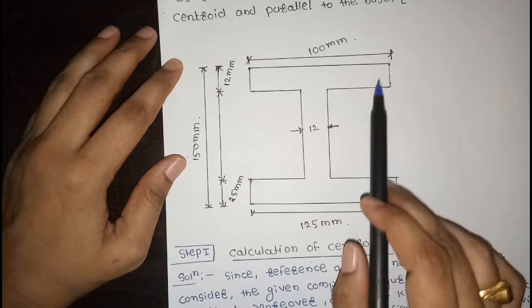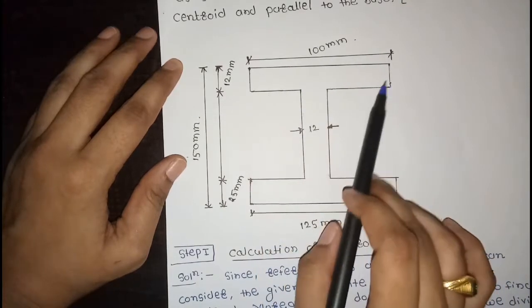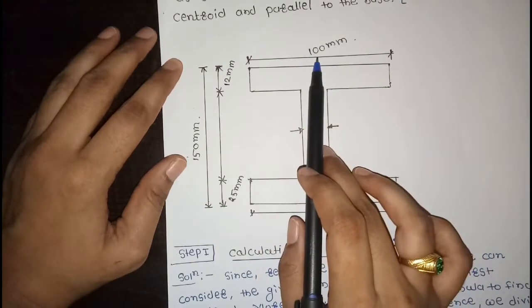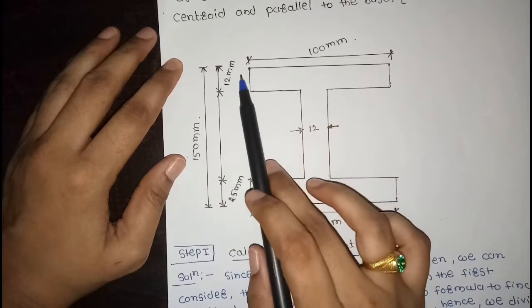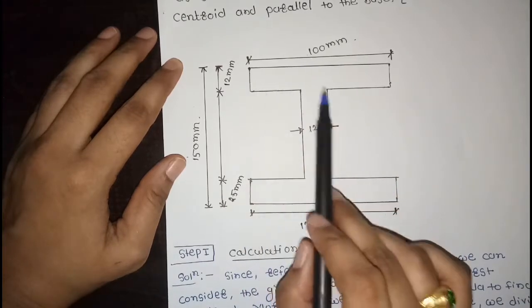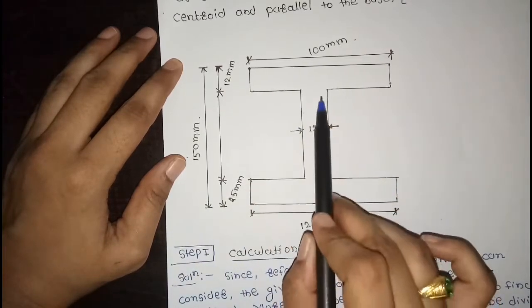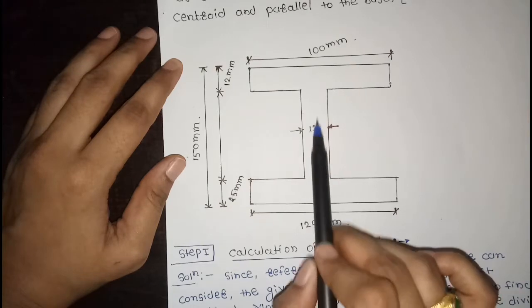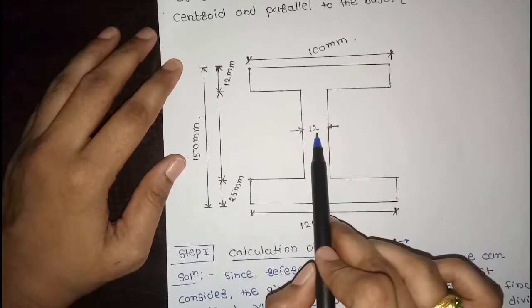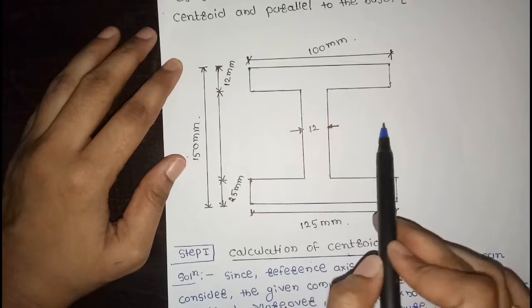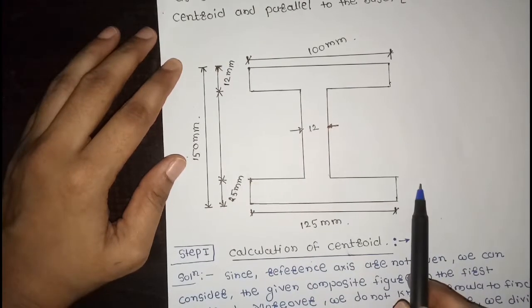This is the I section. The flange has B equal to 100 mm and D equal to 12 mm. Then the next section is the web. This is known as the flange, this is known as the web, and this is the bottom section.